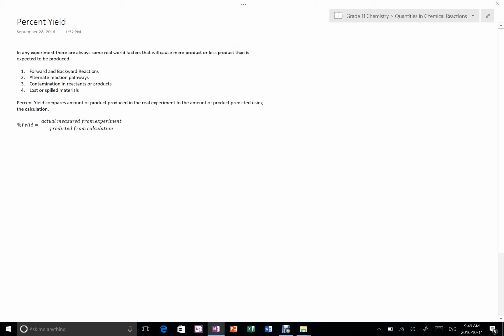So if we did some experiment and we got 2 grams of product X and we thought we should get 5 grams of product X, then the percent yield is 0.4 or 40%.